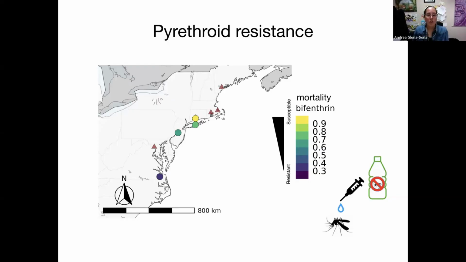However, as you can see here, in the results of the mortality by bifenthrin, we see a trend in which the mosquitoes that are highly resistant are in the south, in the area of Virginia, and as we move north, the susceptibility increases, with the mosquitoes from the furthest north being the most susceptible to the pyrethroids. And as you recall, this is a very similar pattern to what we see with the hybrid index as well.